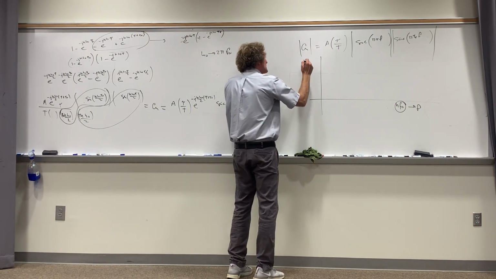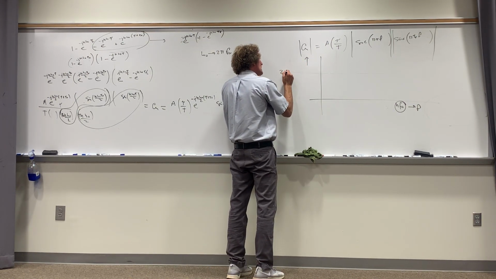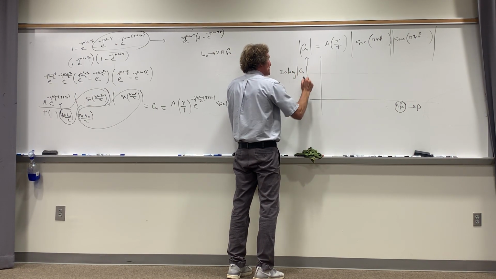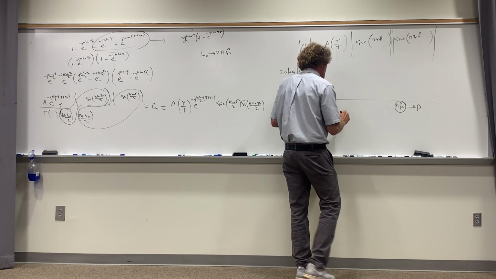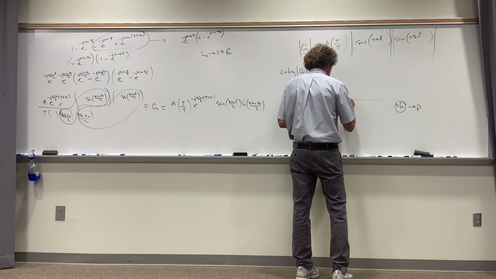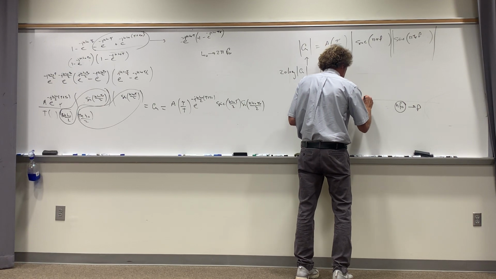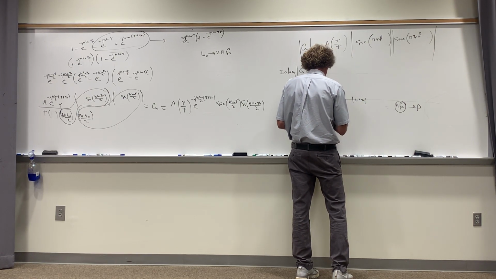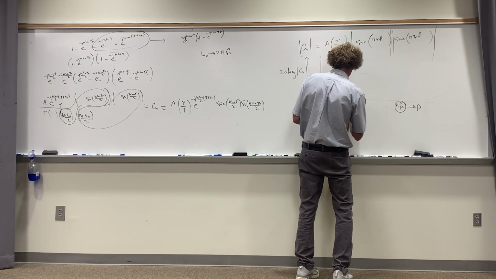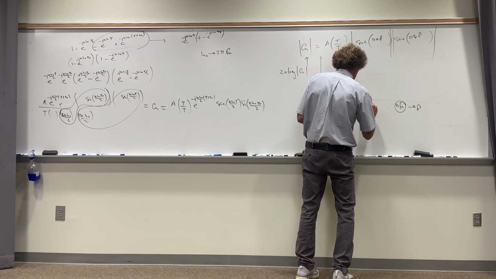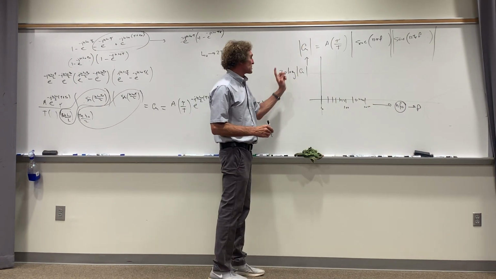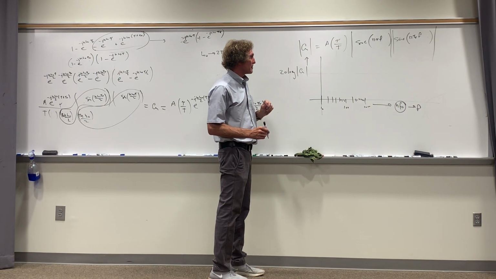All right? And what they do is plot on this axis 20 times the log of the magnitude of C of n. And on this axis, this is a log axis, so think of it like this. There's 1 log, 2 logs. This would be like 10, 100, 1,000, and so forth. So this would be a logarithmic scale here. On this scale, it's 20 times the log of C of n.